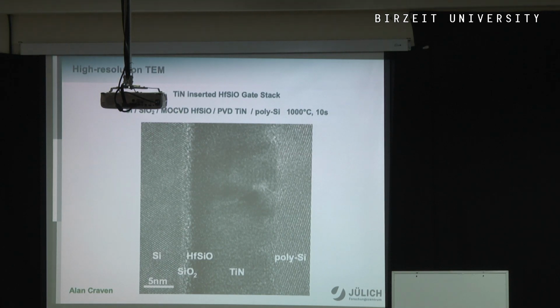So what I'm showing here is an image of a semiconductor device, an atomic resolution image, which shows a crystalline region on the left, polycrystalline regions on the right, and an amorphous region in between. The scale bar is 5 nanometers.